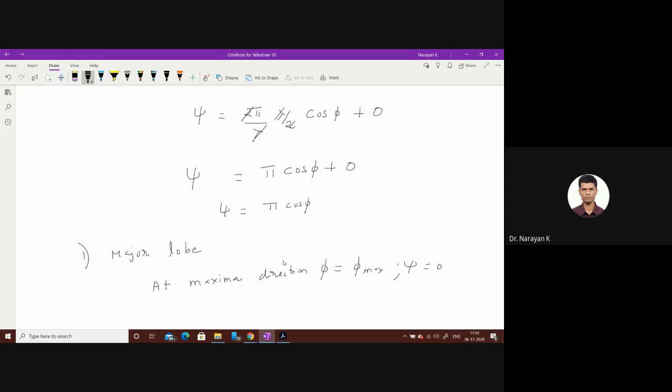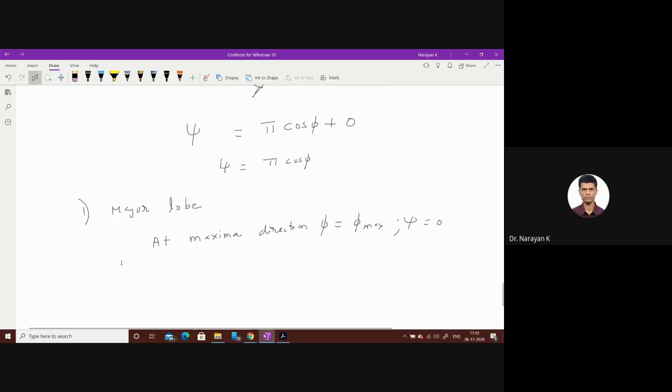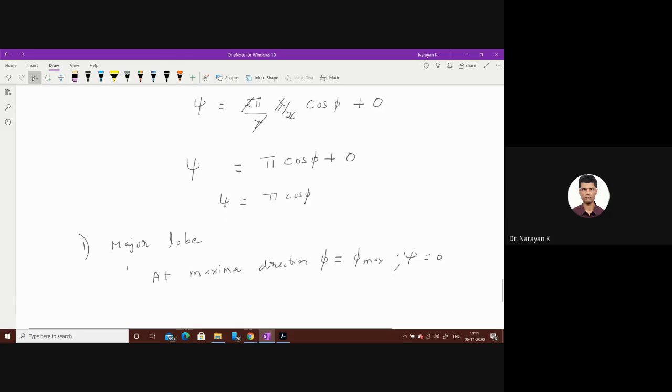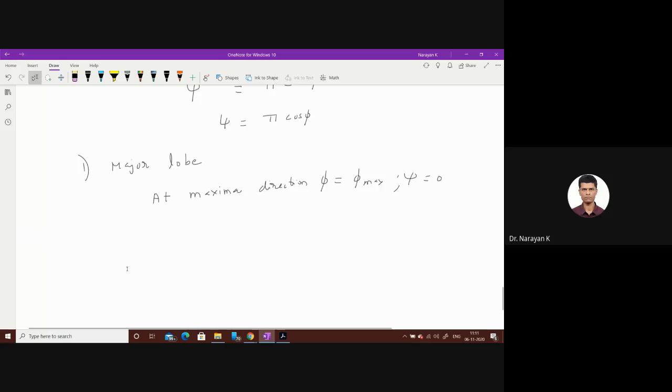Angle psi will be equal to 0 at your maxima direction. That is what we have done in the previous question. Remember? So we have done psi equal to 0 for major lobe for these problems. So when you equate psi to 0, pi cos phi maximum is equal to 0. Agreed?